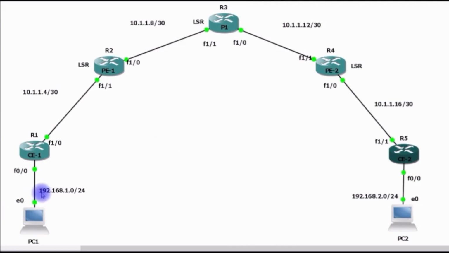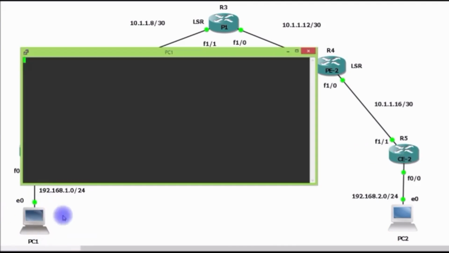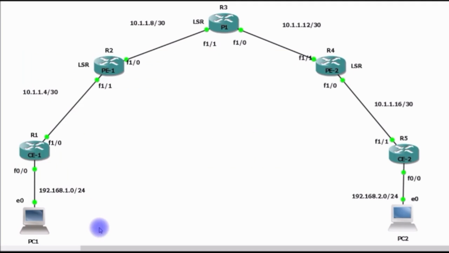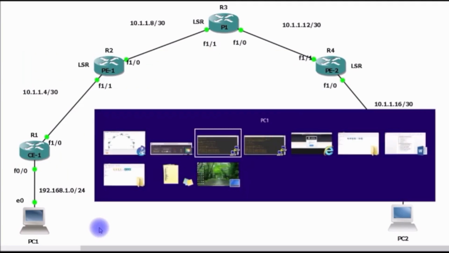So obviously we should be able to ping from the PC. Let's go to the PC just to verify. We're going to ping 192.168.2.1. Do I have a PC already opened? Because that's usually what happens. And of course I do.